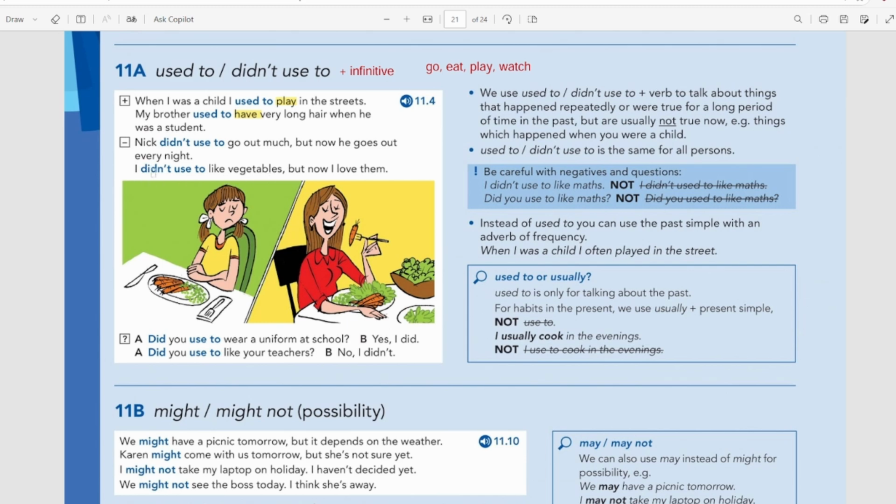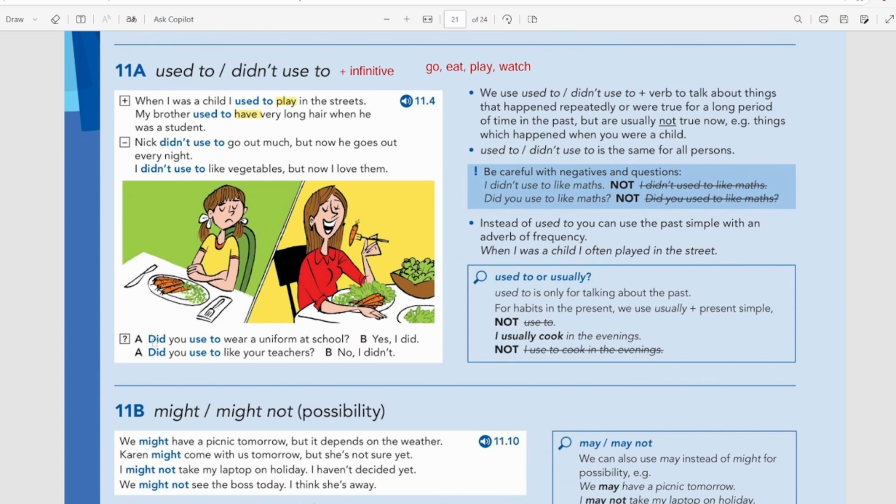We can also say here, I didn't used to, to make it easier to speak. I didn't used to like vegetables, but now I love them. As you can see in the picture, when she was a girl, she didn't used to eat vegetables, but now as she has grown up, she's very happy to eat vegetables.